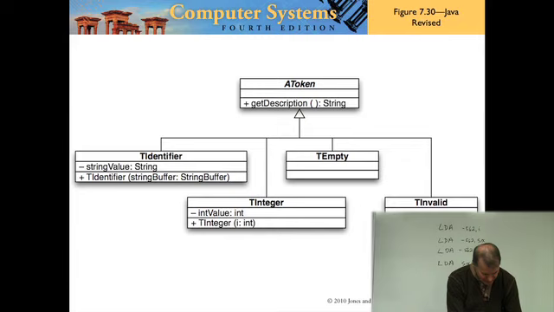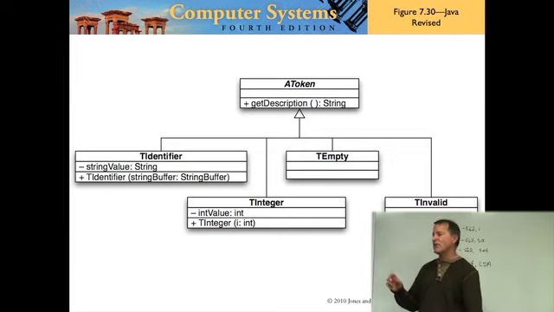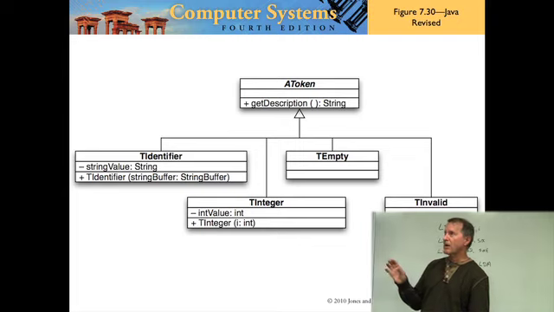Is that the second typo you found? It's the third. In the book, it talks about the tokens being enums. That's from an old version, because in the text of the book, they are classes.